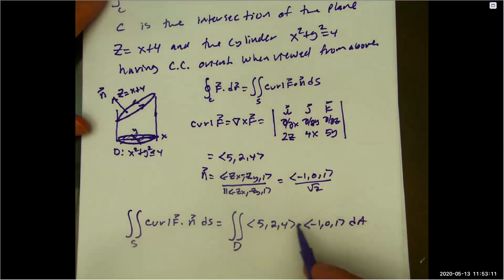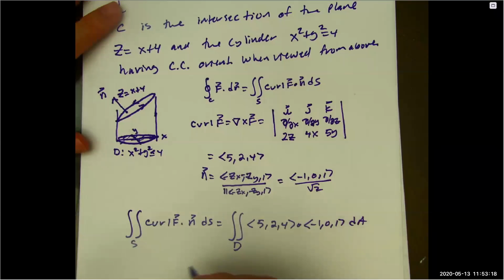And so when we do this dot product, we're just going to get negative 5, plus 0, plus 4, which is negative 1.